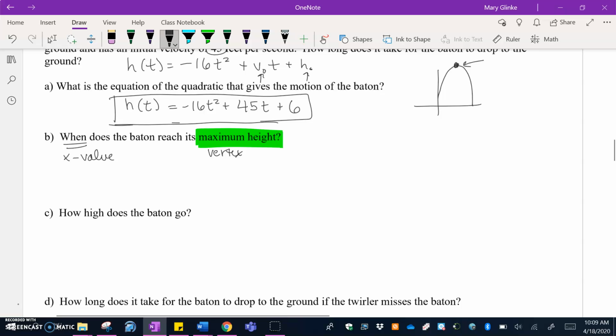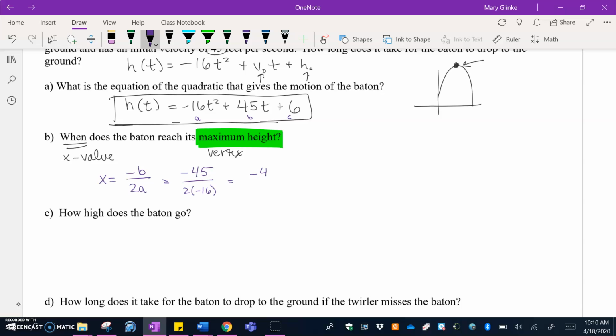So what we're going to do is go back and use x equals negative b over 2a to figure out what that x value would be. Looking at our equation up above, we have a, b, and c given to us because we were able to fill in our equation. So we're going to do negative b, which is negative 45, over 2 times a, which is negative 16.